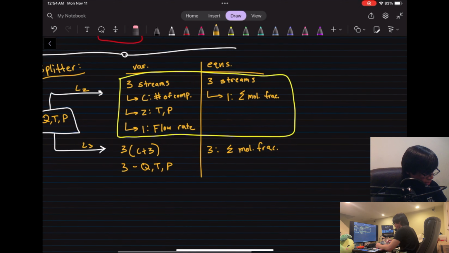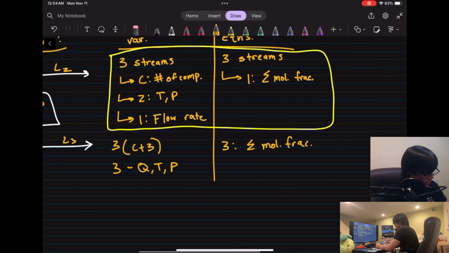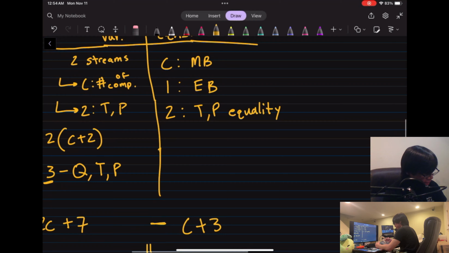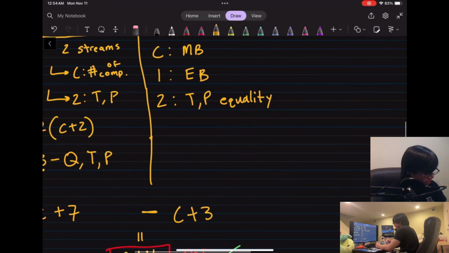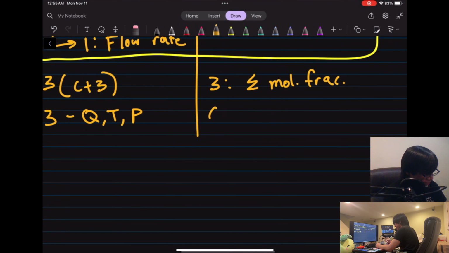And then with our equations, honestly, if you're blanking, we can always just look back, which I am. So yeah, mass balance, energy balance, and outlet stream. So mass balance, we have C for mass balance. For energy balance, again, we have only 1.